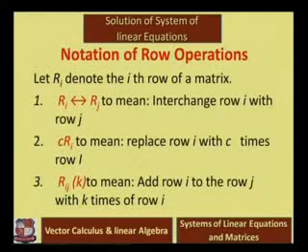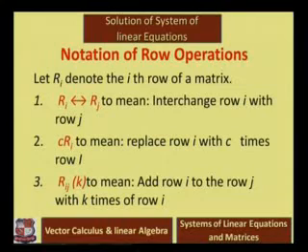In this slide, the notation for row operations. Let Ri denote the ith row of a matrix. Then the first notation, Ri to Rj, means interchange row i with row j.